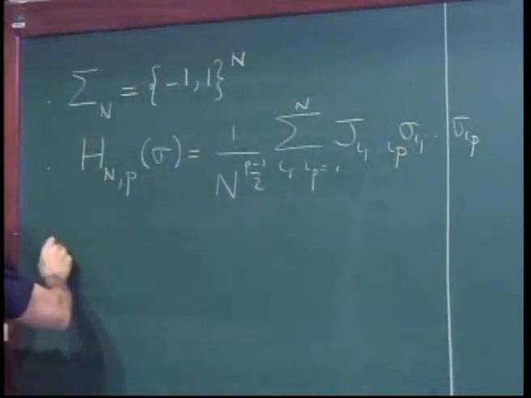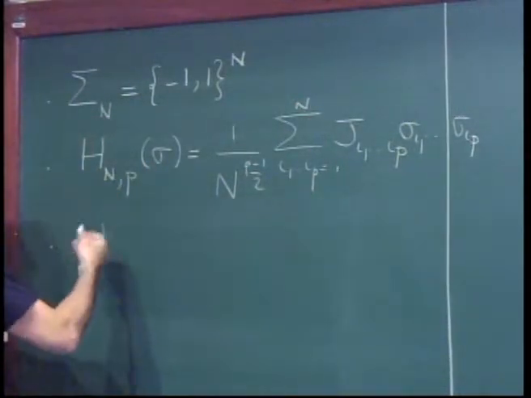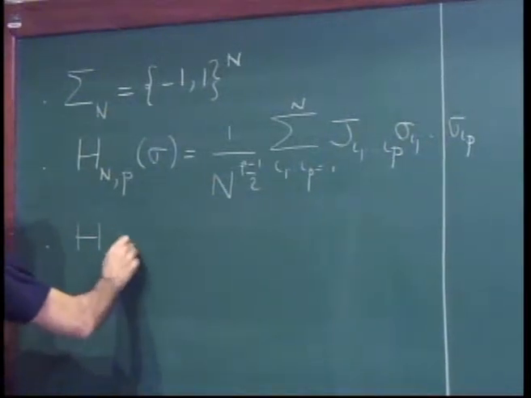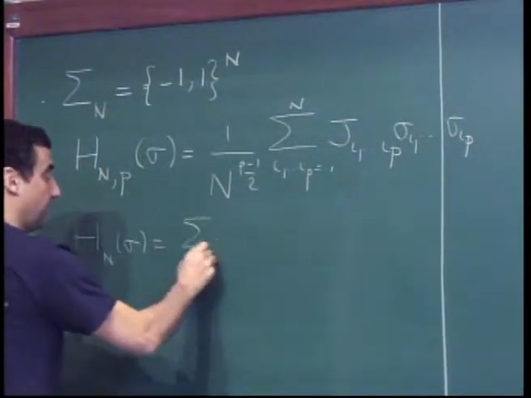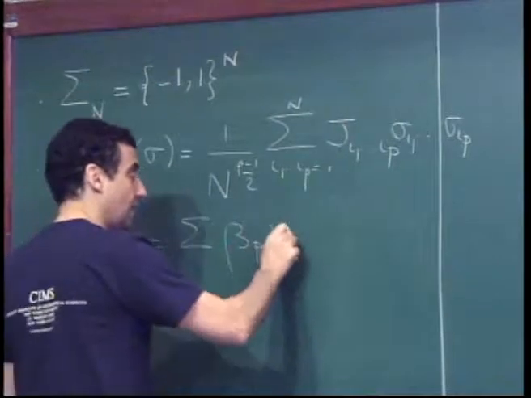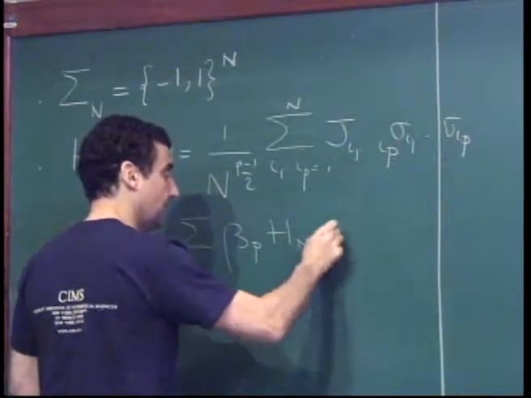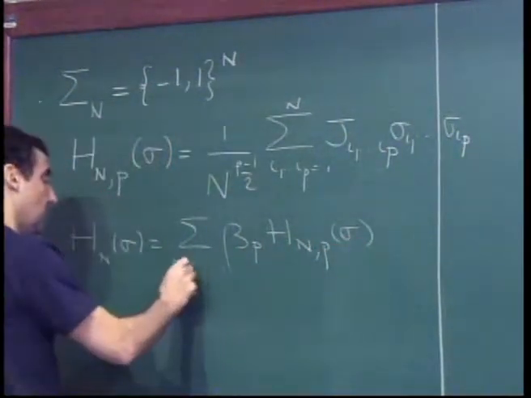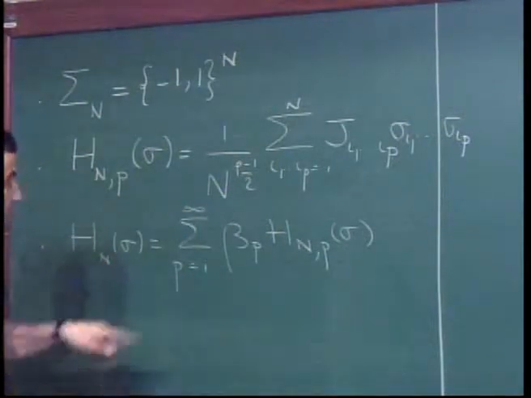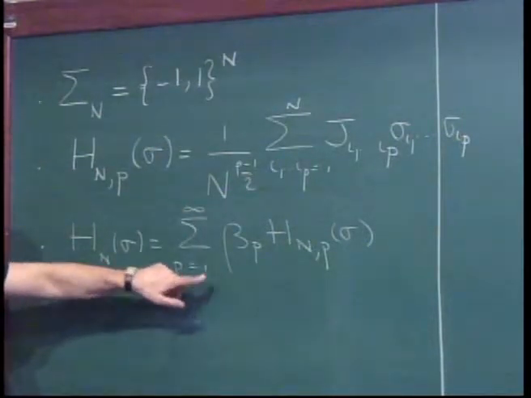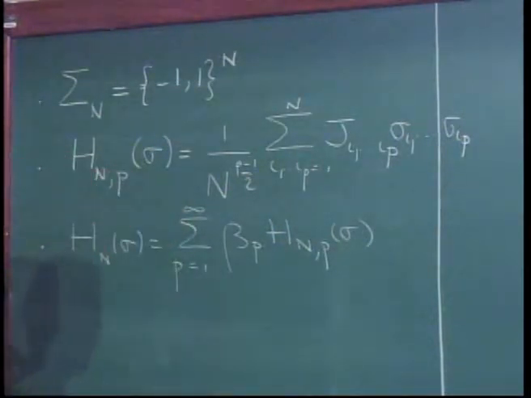And then the energy, or the Hamiltonian, is given by this. The p-spin Hamiltonian is given by 1 over n to the (p minus 1)/2 times the sum of J_{i1...ip} sigma_{i1} ... sigma_{ip}, where i1 through ip range from 1 to n. And the general mixed spin model Hamiltonian is given by the sum of beta_p H_{n,p}(sigma). Usually I don't include the case p equal 1, but Talagrand and Panchenko do include it.